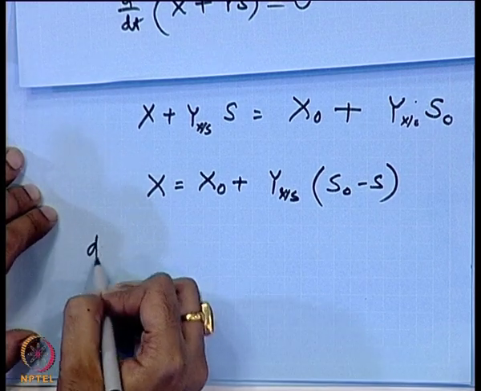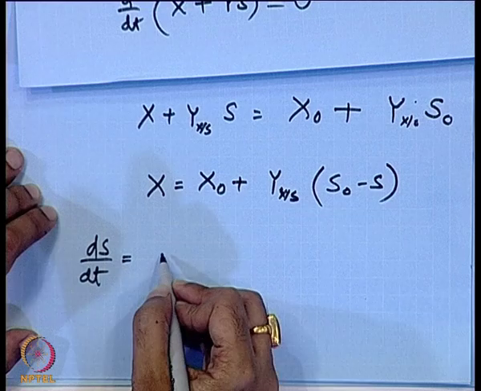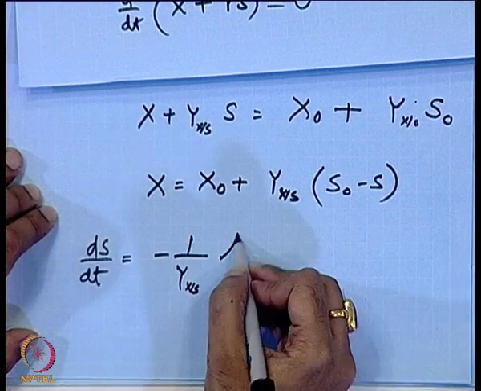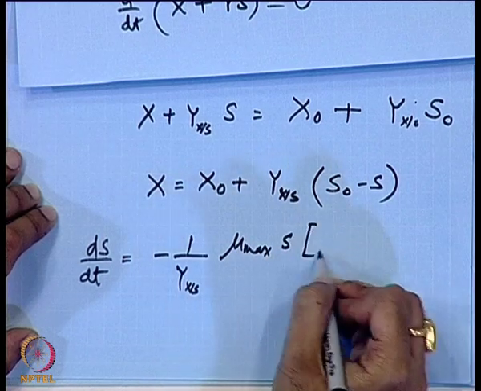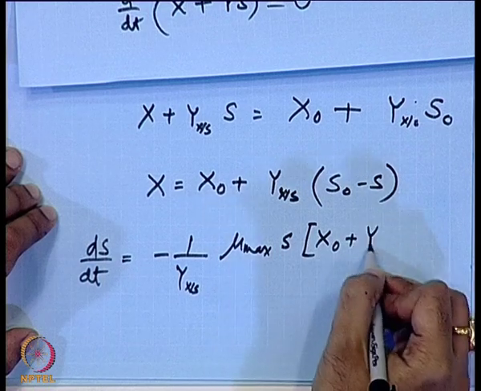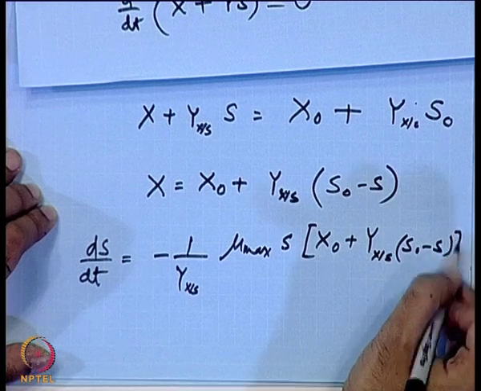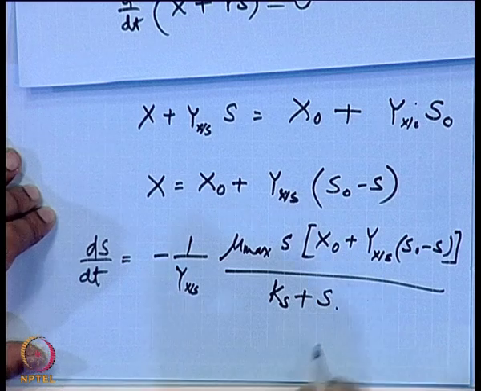So my ds/dt can now be written as minus 1 over Y x over s, mu max s, times (x naught plus Y x over s times (s naught minus s)), divided by (K s plus s).